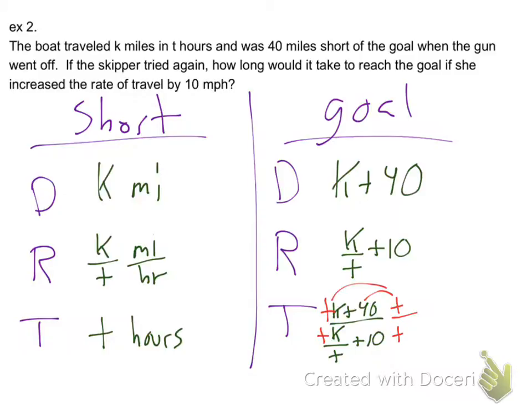I do that because that way I can see everything that's going to cancel, and I can do the canceling of the T's on the K. But everything else gets to keep its T. So what do we get? KT plus 40T, all over K plus 10T. And that would be the label, hours. And that's it.